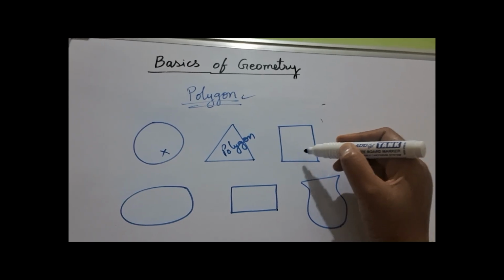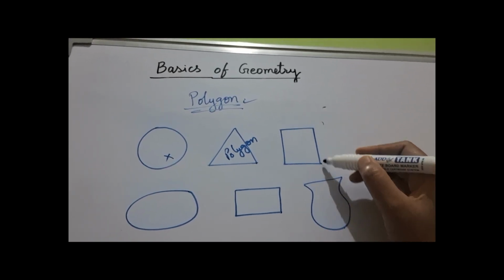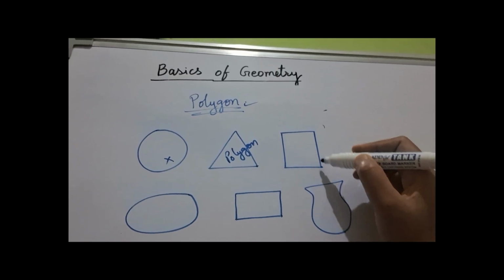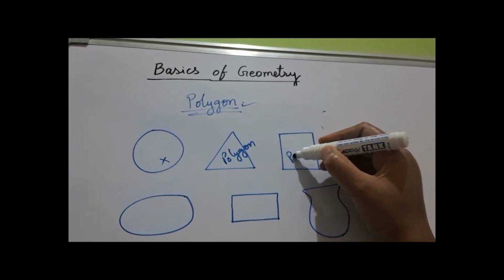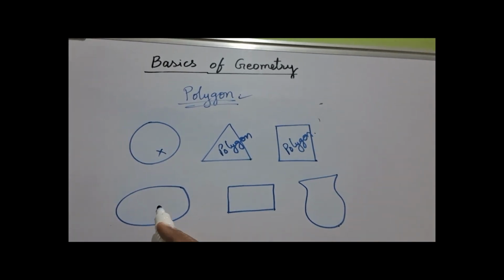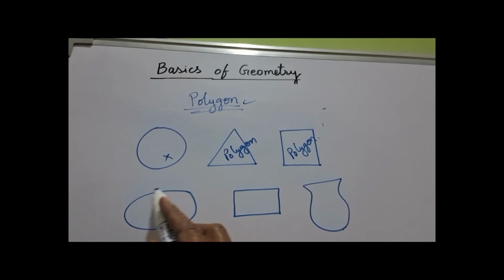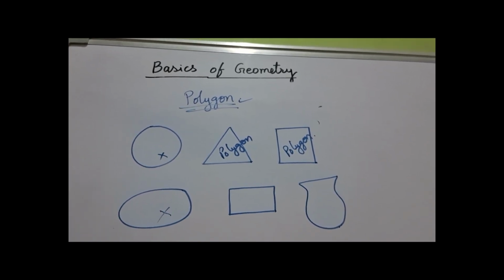And this one is also made up of line segments only, a simple closed curve which is made up of straight line segments. It is also a polygon. Here we can see this is a curve, not a straight line. It is not made with straight lines, so it is not a polygon.